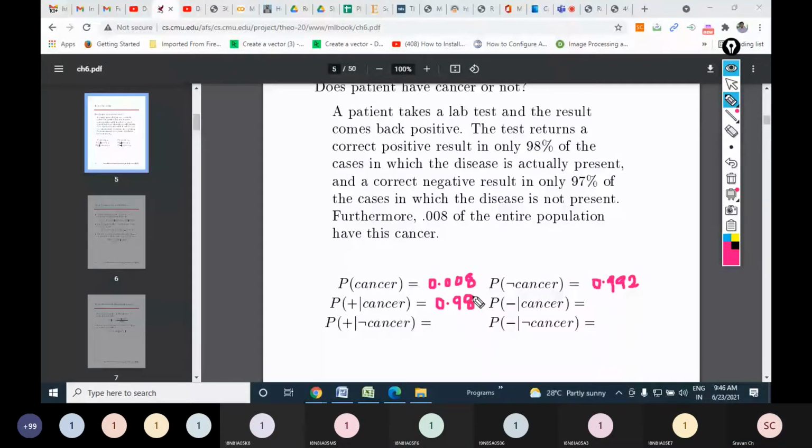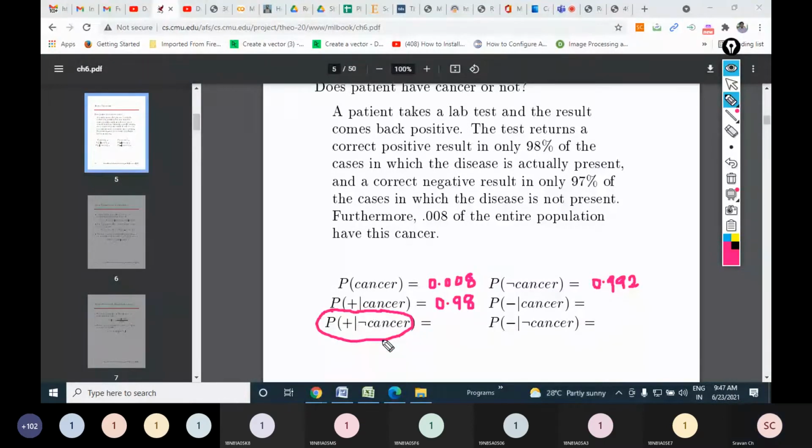Now, if 0.98 means 98% of the time it will return a correct positive result, how many times will it fail? 2% of the time it will fail. It means the result is actually positive, but the system is giving a wrong negative result. So the false negative percentage is 2%.